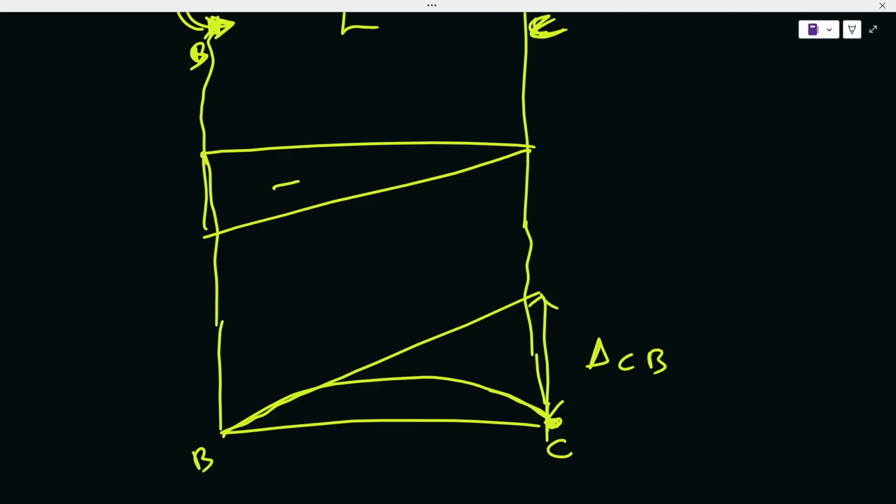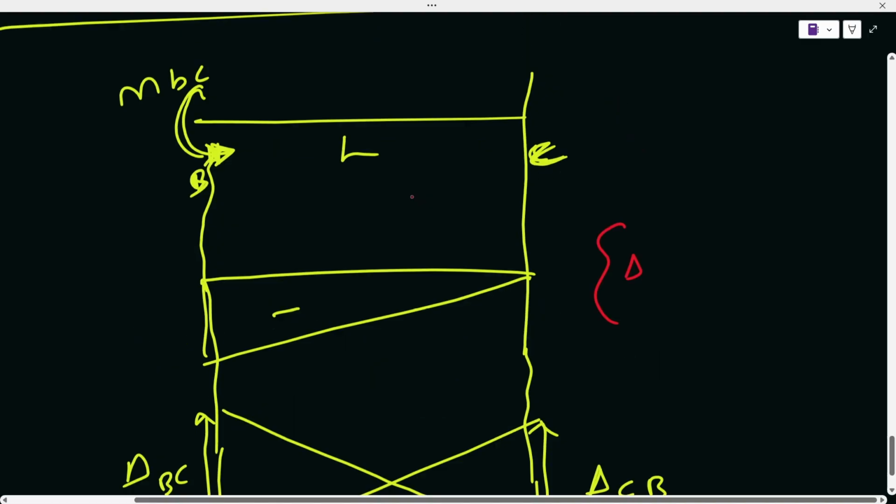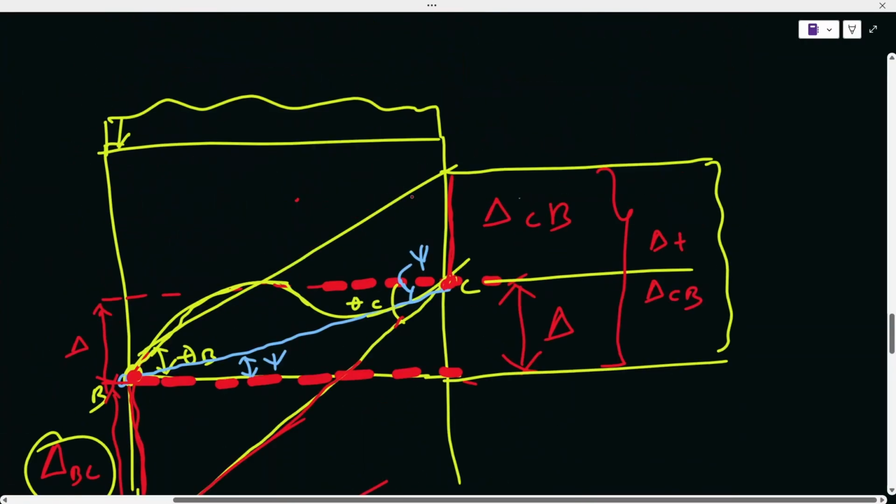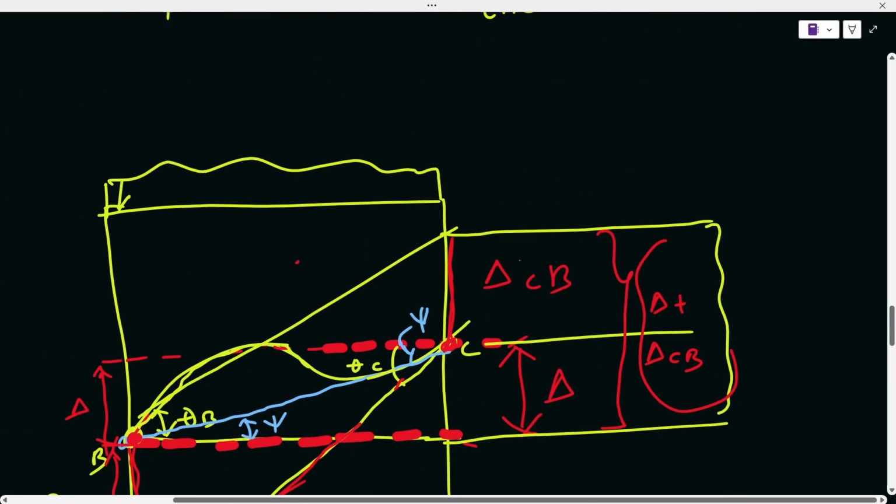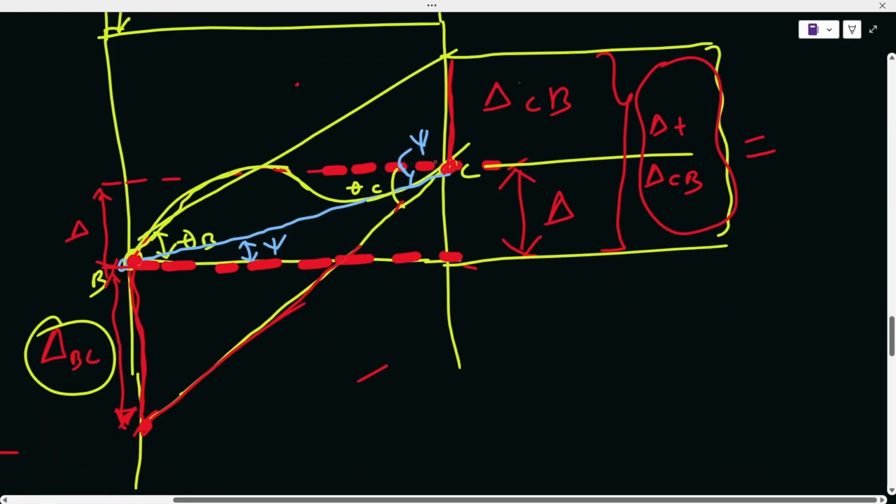Similarly, here it will be delta BC. So you have started to see that I've started to obtain, it means that my delta, this side has started to give me, if I equate it to something, I've gotten one of them.